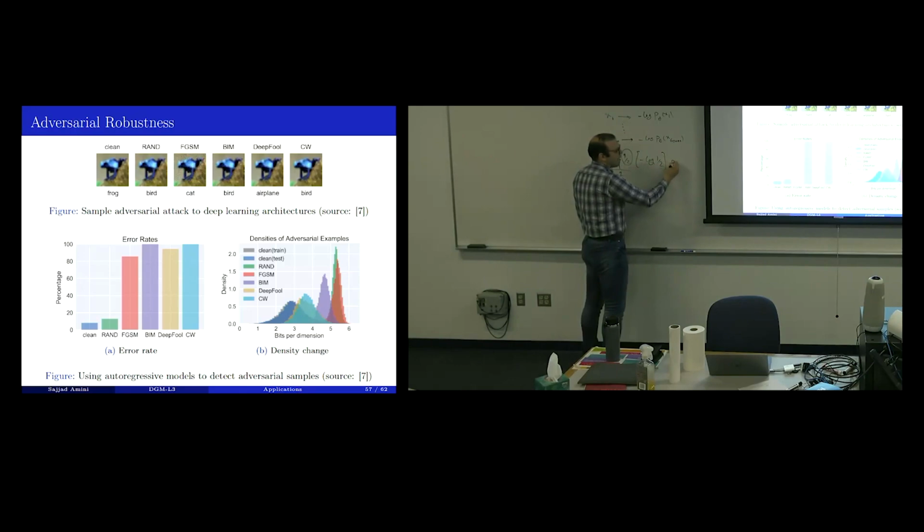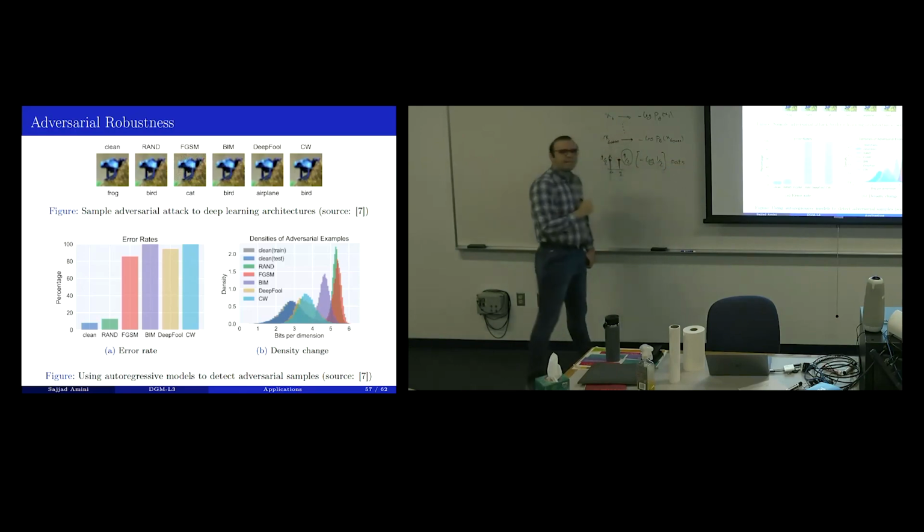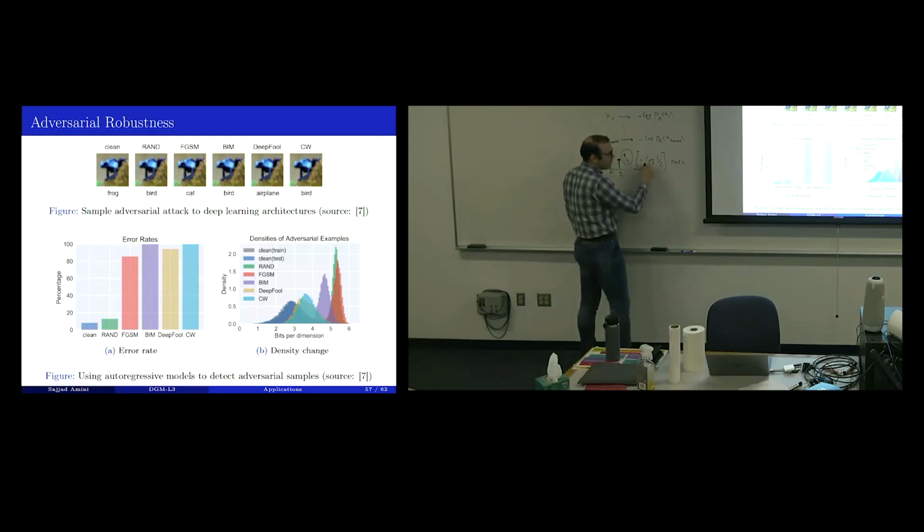something called nats. Nats may not be very meaningful for you, but this is because all of the logarithms we write here are in the natural base. If you divide this number by the logarithm of 2 in the natural base, or in other words, if you calculate the minus logarithm in base 2 of the likelihood, you have something which is calculated in bits.